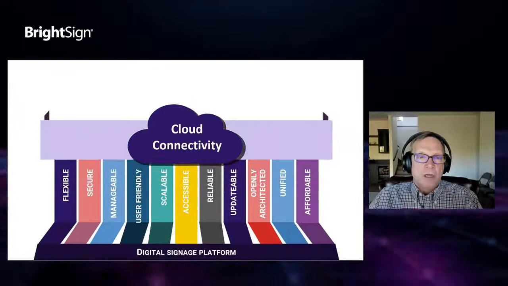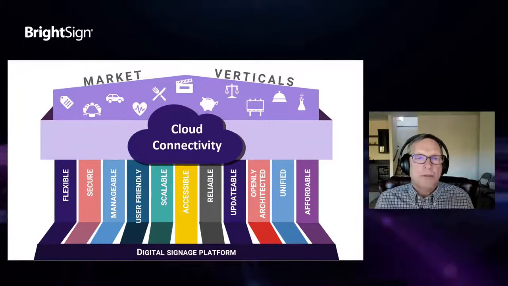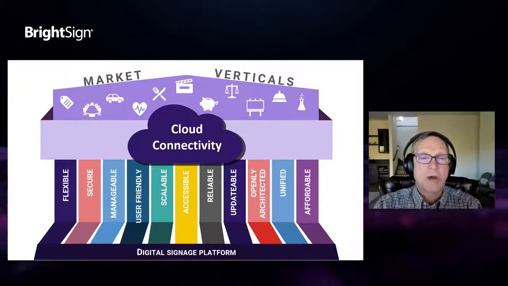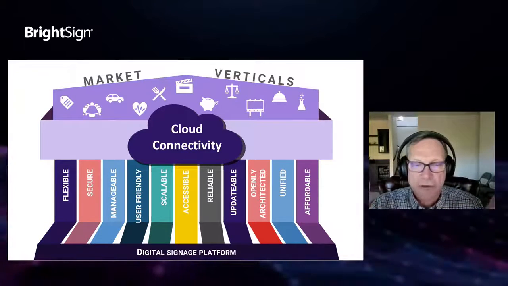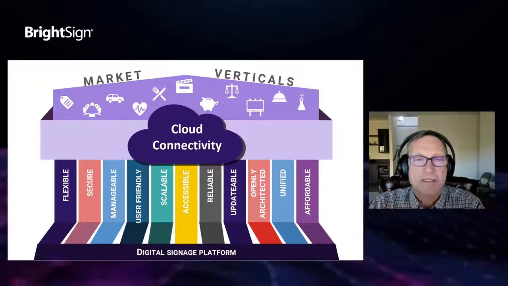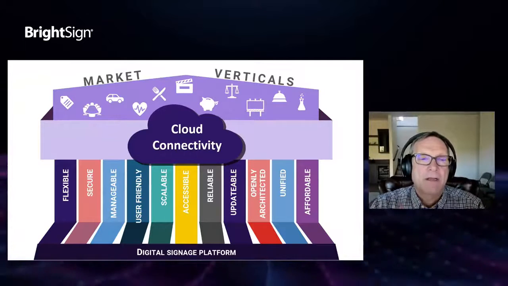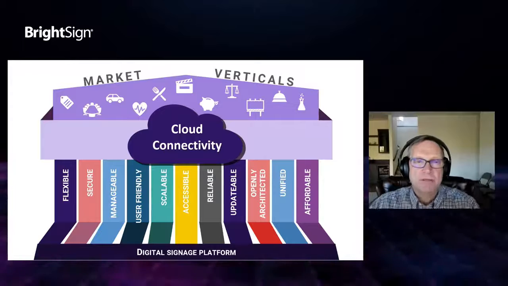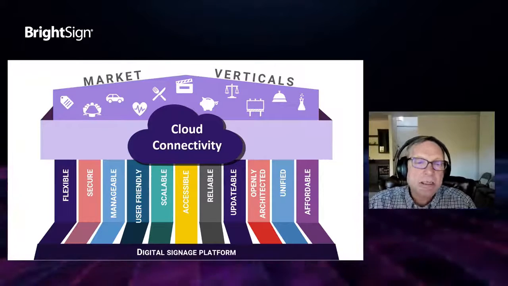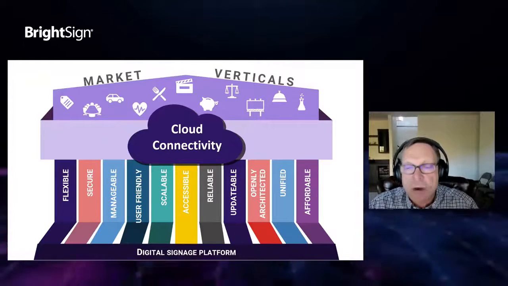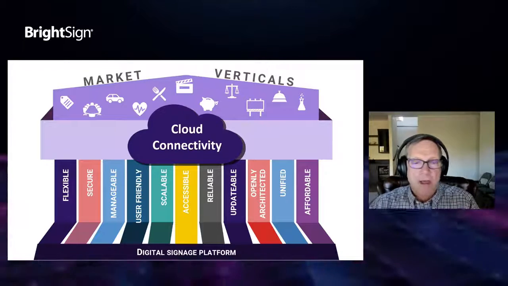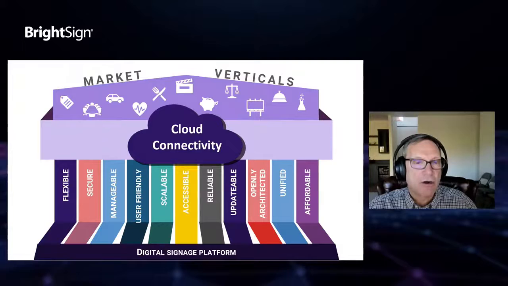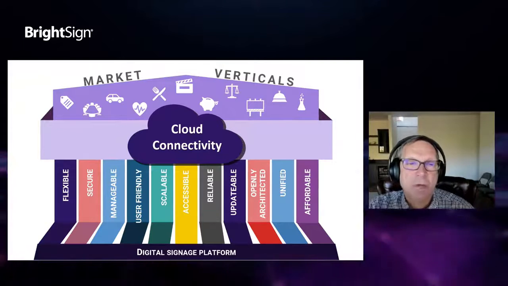Then we move to looking at what are the ways that when you have this core digital signage platform that's flexible, secure, manageable, all the things that I've been talking about in the cloud connectivity, then you move to the various vertical markets. And each one of these vertical markets is where you're most likely going to see a large array of content management systems that are really focused on the various vertical markets.